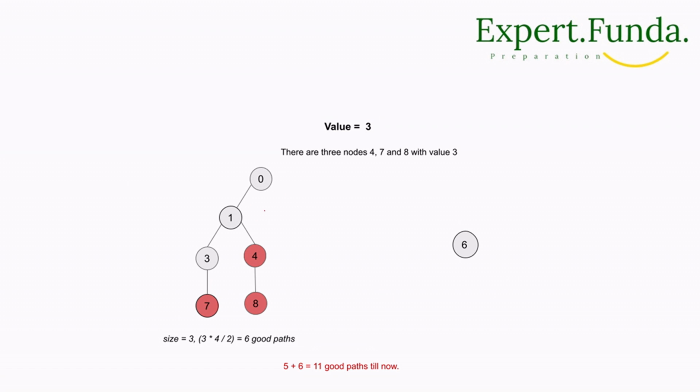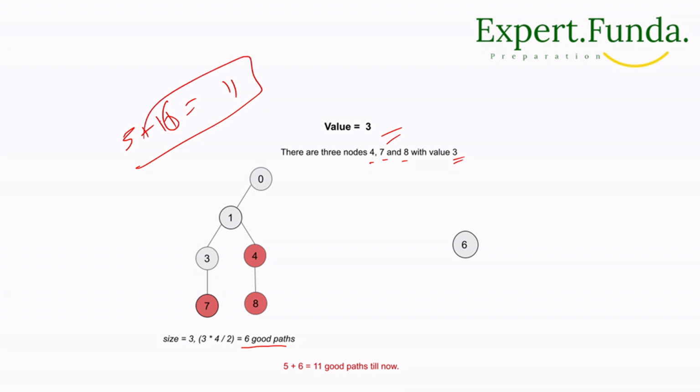Now if we talk about value 3, what do we have? 4, 7, 8 have value 3. For the size, how many do we have? 3 size. So 6 good paths will come from here, and previous is 5. So 5 plus 6 is 11, correct?